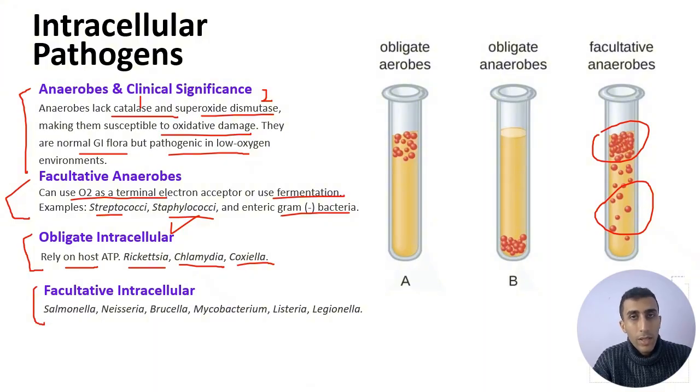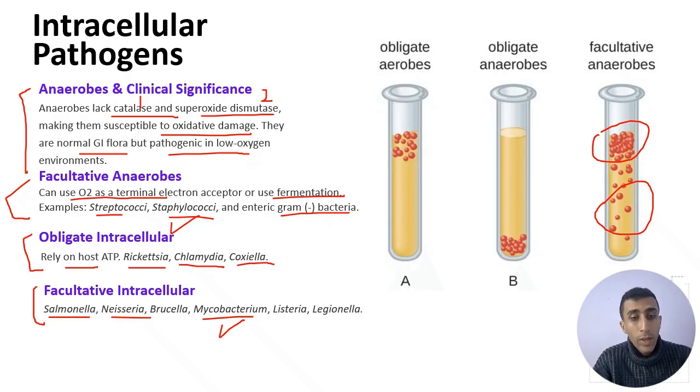These organisms can be inside and outside of cells, such as Salmonella, Neisseria, and the Mycobacteria. So we've got some pretty unique organisms here. For example, the Mycobacteria live inside of the macrophages, which are supposed to fight these bacteria, but they can live inside of the macrophages and evade the phagolysosomes.